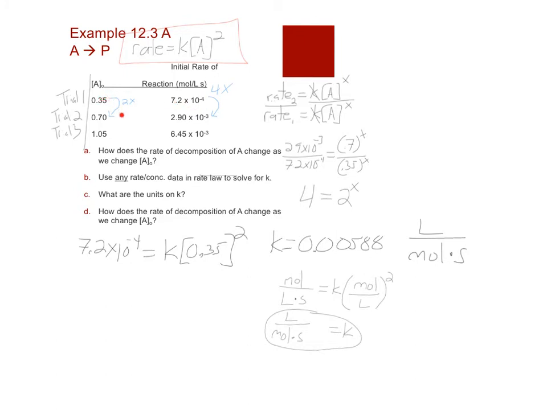We triple this from trial 1 to trial 3, triple that, and then this is actually going to go times 9, 3 squared. So 7.2 times 9 is going to give me that 6.45 times 10 to the negative third. So we know indeed that this is a squared relationship. The rate law is Ka squared. And we're going to use that information to solve for K, and then we can apply it in other scenarios.